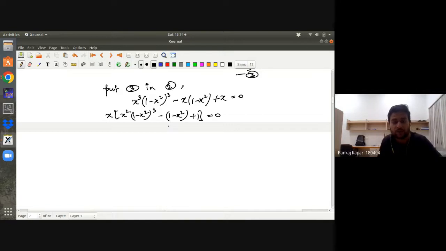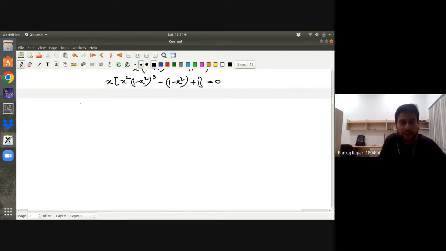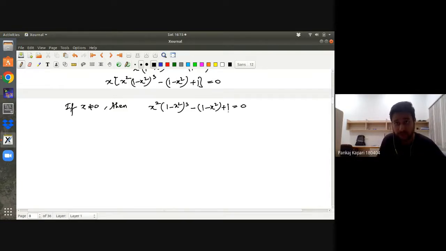This becomes 0. Okay, so either x is equal to 0 or the second term becomes 0. If x is non-zero, then we have x square into (1 minus x square) cubed minus (1 minus x square) plus 1 equals 0.